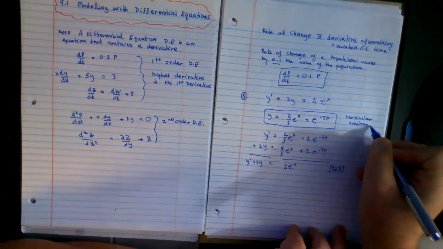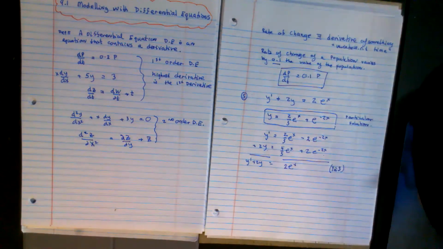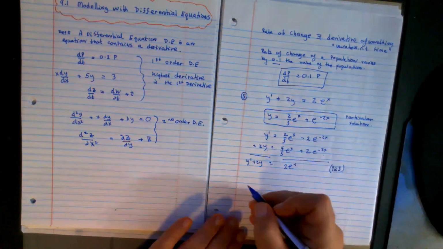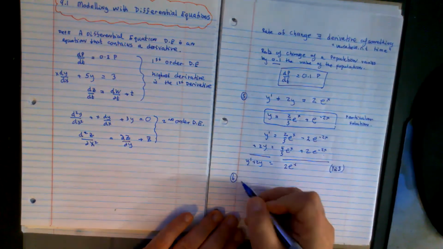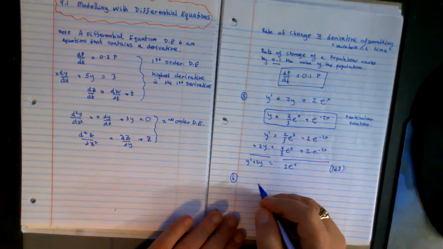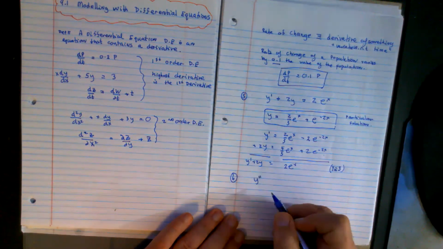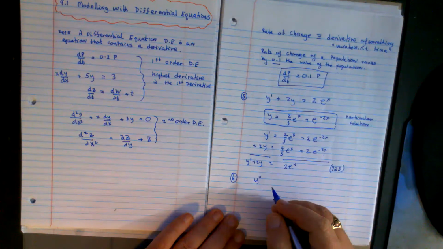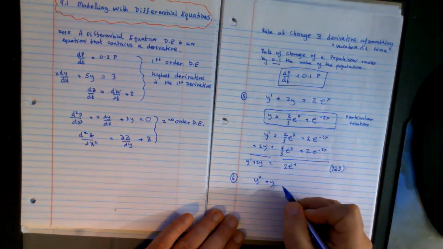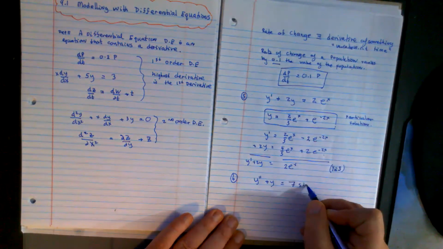Well, the next question is pretty much the same idea. This is question 6. In question 6, the differential equation we've got is this guy plus that equals 7 sin x.